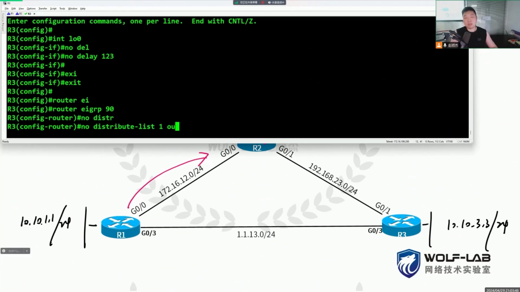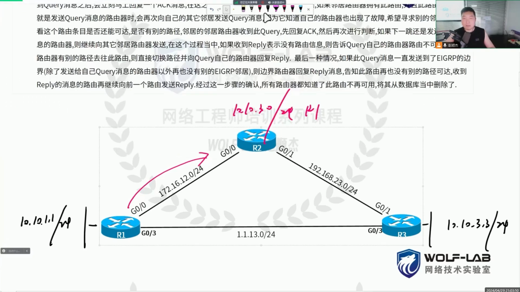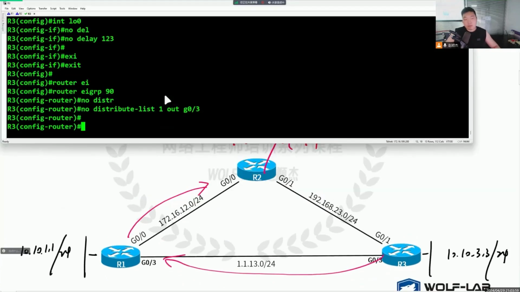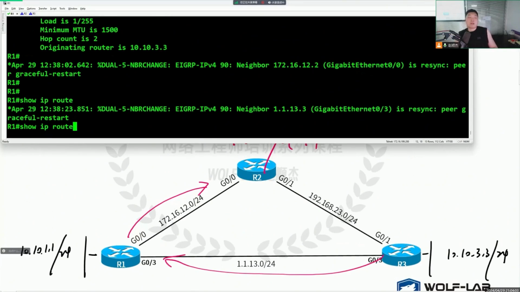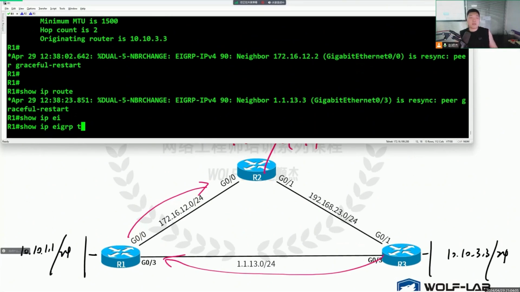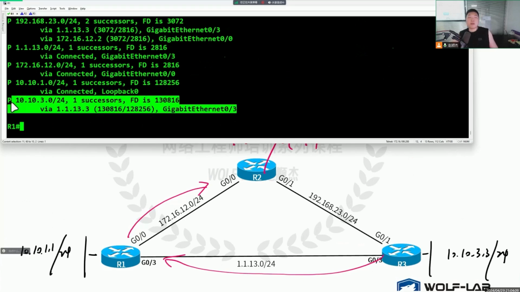After doing this, on R1 show ip route and show ip eigrp topology. Then we can receive from R3 the routing entry announced to us, pointing to R3. Then the routing entry in the routing table is told to our neighbor, R2. On R2, show ip eigrp topology: we are pointing to R1.